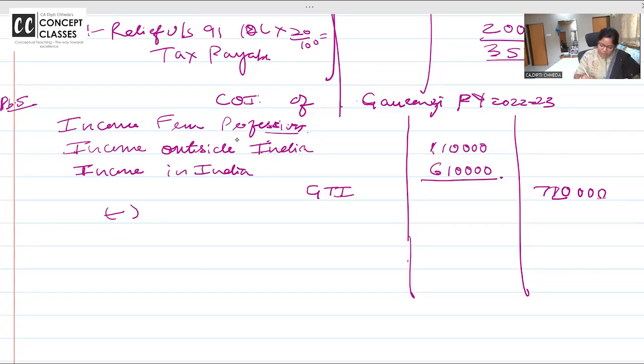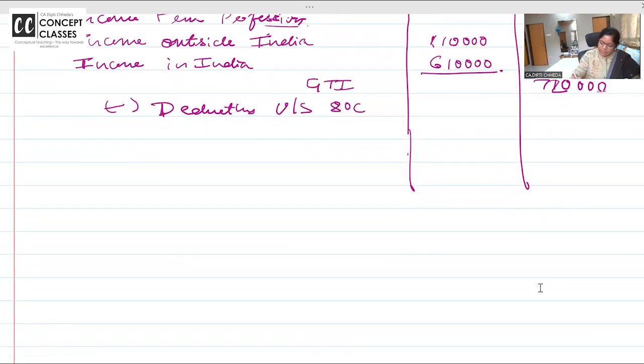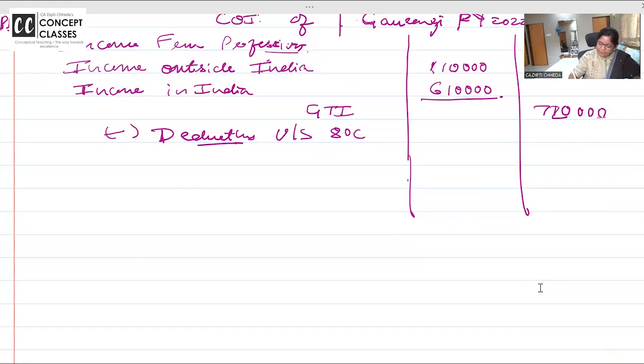Now she has already put the money in PPF, so less deductions. Deductions under 80C: how much will she get? PPF 70,000.